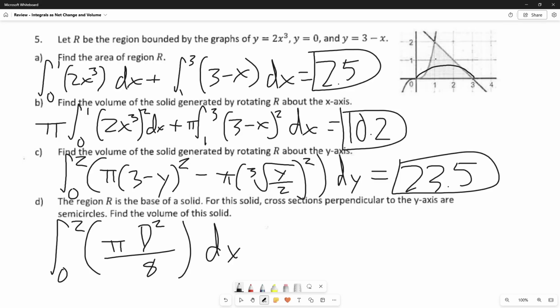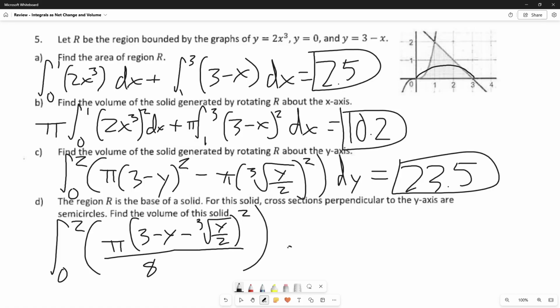Diameter is just going to be from here to here minus from here to here. That's going to be 3 minus y minus the cube root of y over 2. So we can rewrite this as 3 minus y minus the cube root of y over 2, squared over 8 dy.